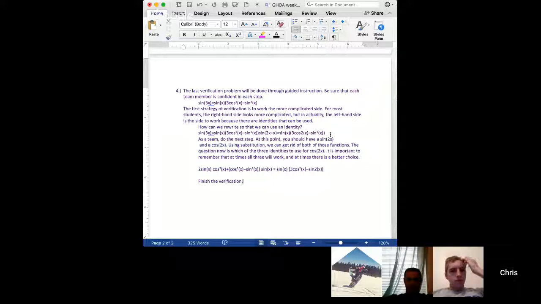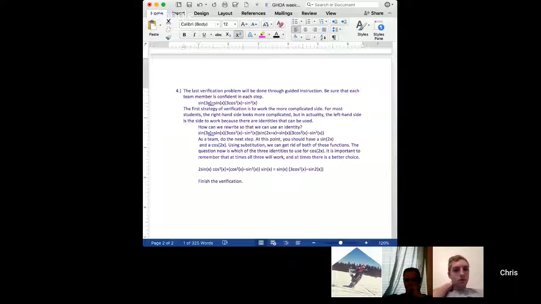Now sine 3x is cosine squared x minus sine squared x. Sine of 2x plus x also equals that. That's what it did originally. So sine of 3 cosine squared x, minus sine squared x will come out to be that.